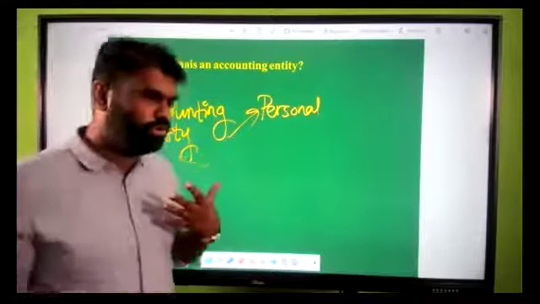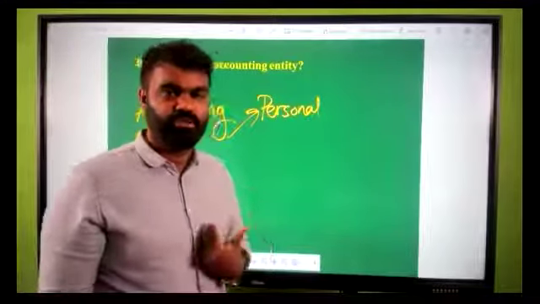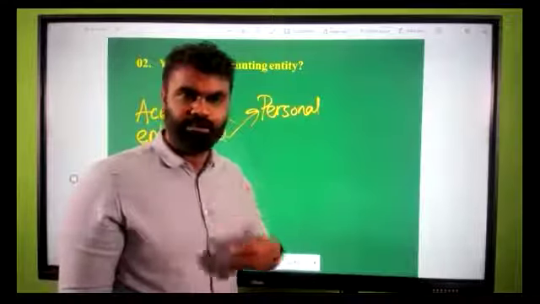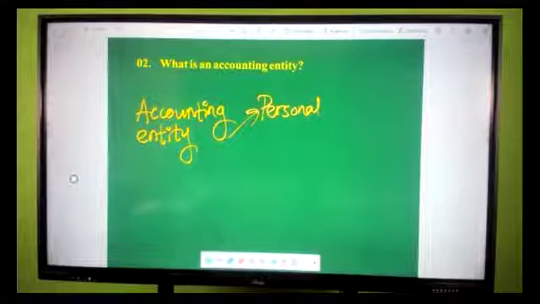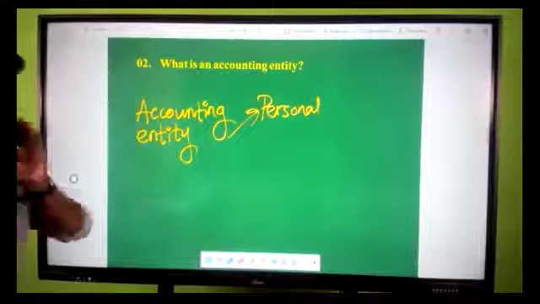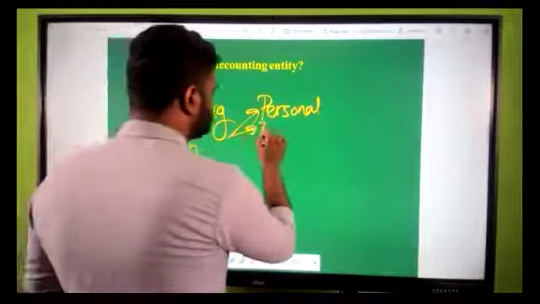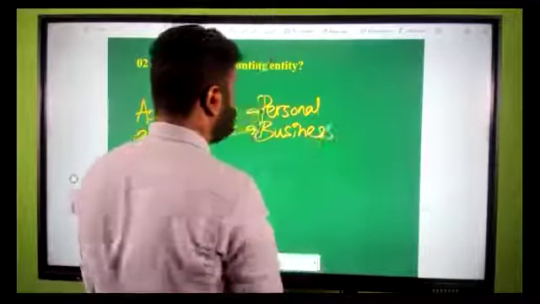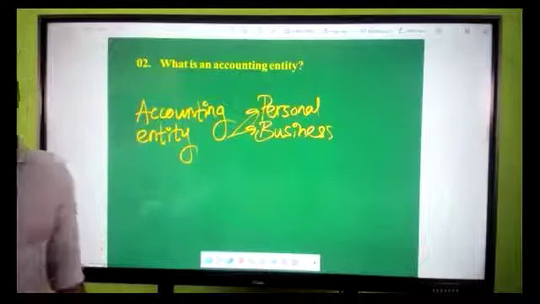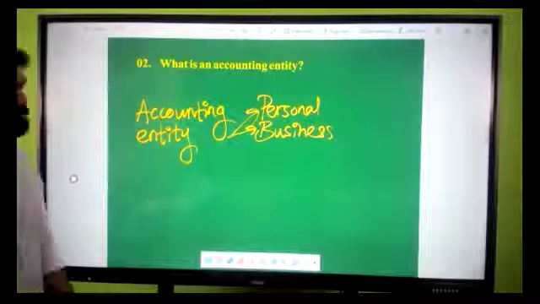A person should know how to make accounts for himself. If not, he can recruit a person who is an expert in accounting and make accounting statements through that person. And businesses should prepare accounting statements for the particular business. That's what we call business accounting.